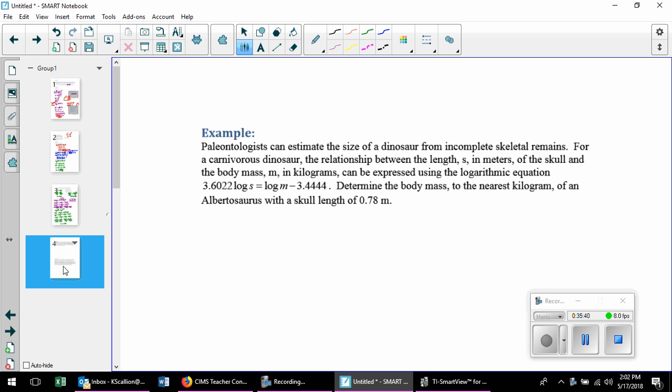Okay, paleontologists can estimate the size of a dinosaur from an incomplete skeletal remains. Has anybody seen dinosaur bones in the museum? Like, yeah, of course you have. Okay, I hadn't until I was 24. So this was a whole new thing to me.